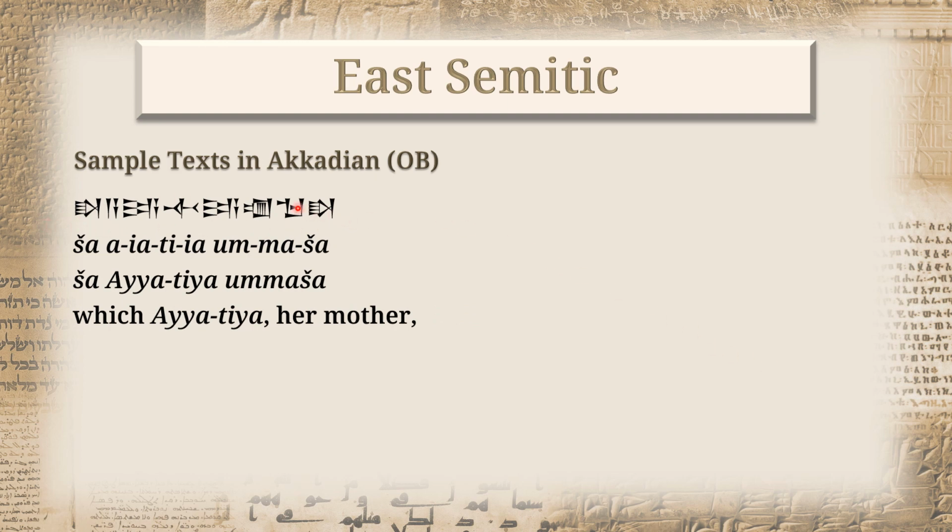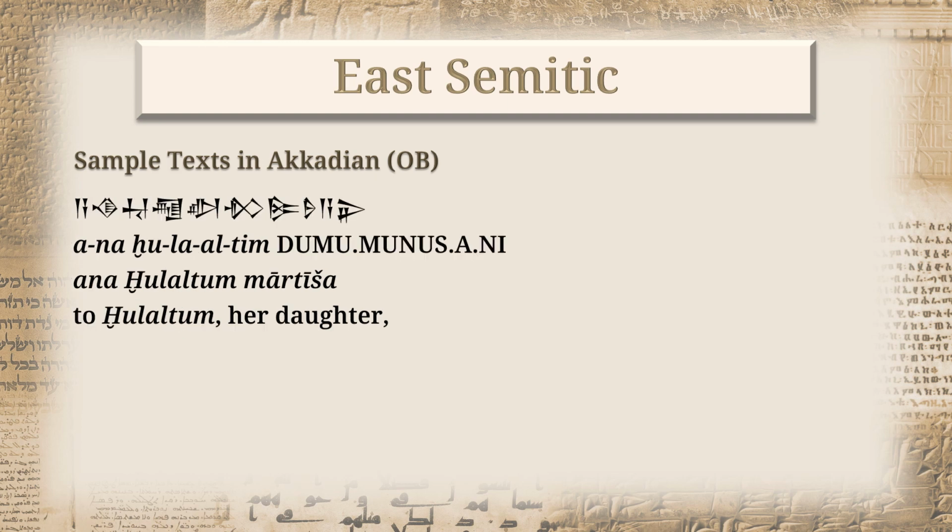These are just syllabic signs, so sha, a, ya, ti, ya, ma, sha. In Akkadian, that is sha, a, ya, ti, ya, ma, sha. Which Ayatia, her mother. So what did her mother do to her? Anna, sorry, Anna Chulaltum.